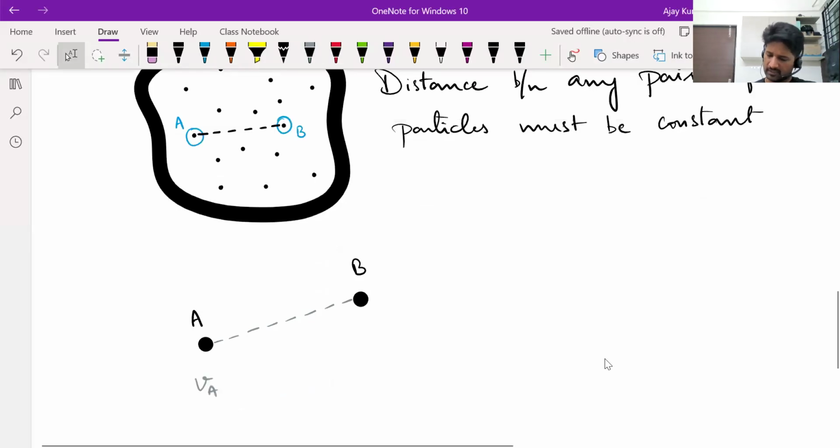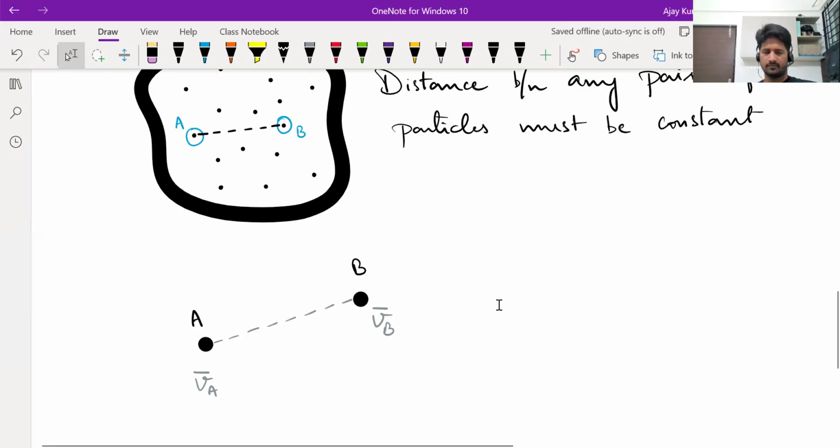I'm not mentioning the direction and all. B has a velocity VB. Can any of you tell me a relation between VA and VB such that the distance between A and B does not change? There must be some relation, no? They can't be completely independent of each other because the distance has to remain fixed.